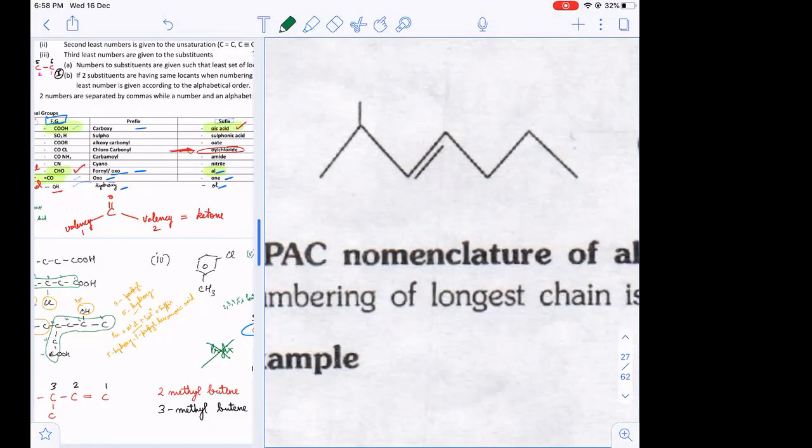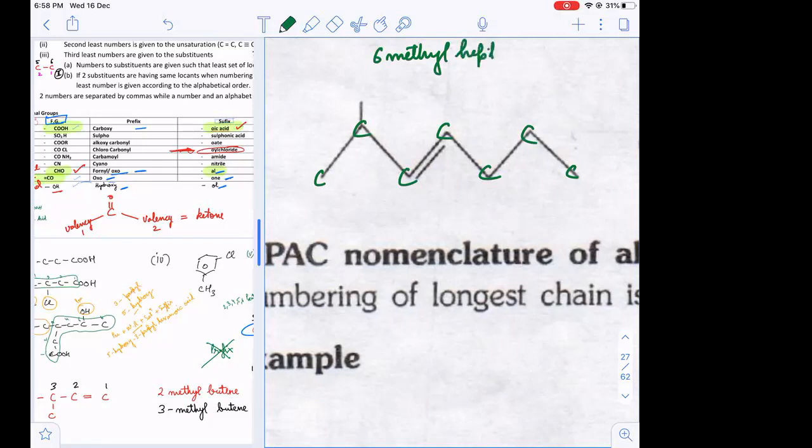Sir, 6-methyl. 6-methyl hept-4-ene. Sir, 2-methyl. One second. 2-methyl, wait. 2-methyl hept-3-ene.